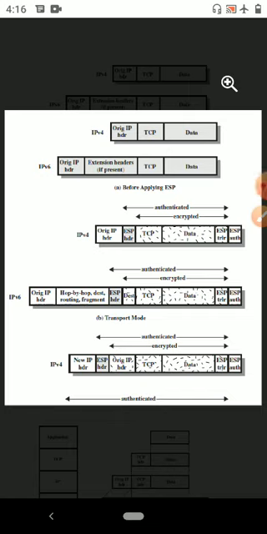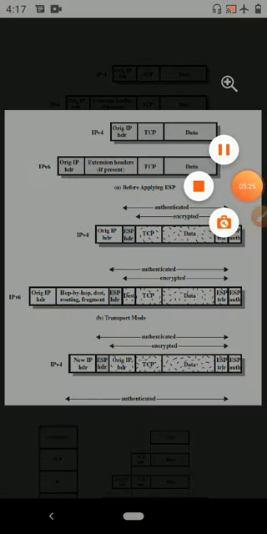Each intermediate router needs to examine and process the IP header plus any plain text IP extension headers but does not need to examine the ciphertext. Third, the destination node examines and processes the IP header plus any plain text IP extension headers. Then, on the basis of the SPI in the ESP header, the destination node decrypts the remainder of the packet to recover the plain text transport layer segment.